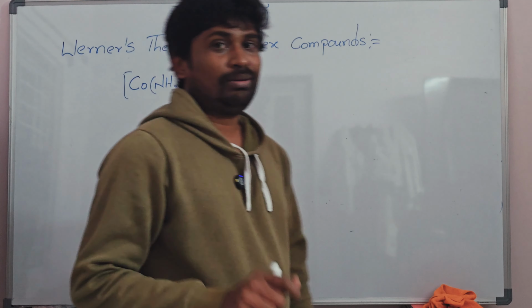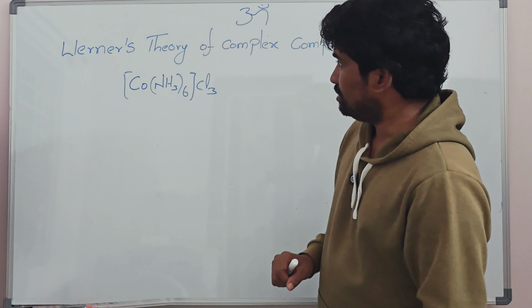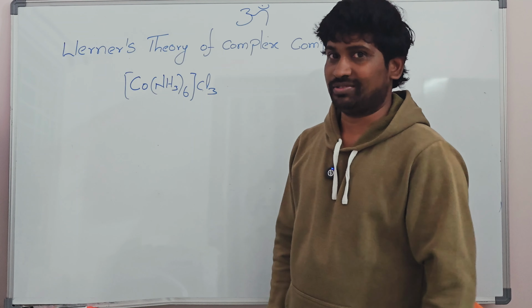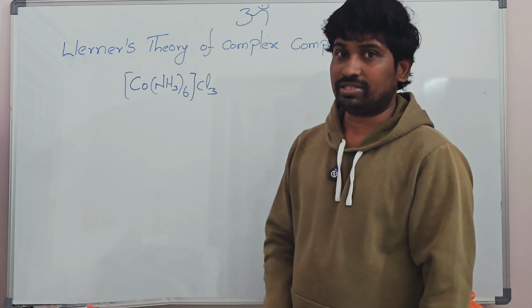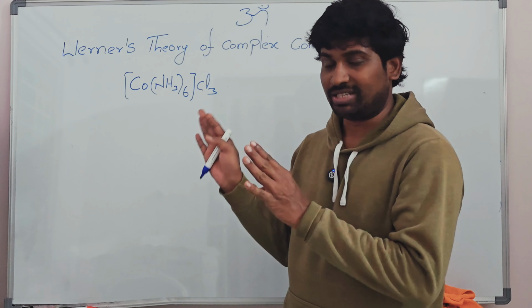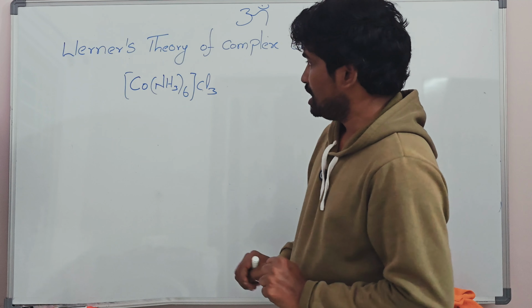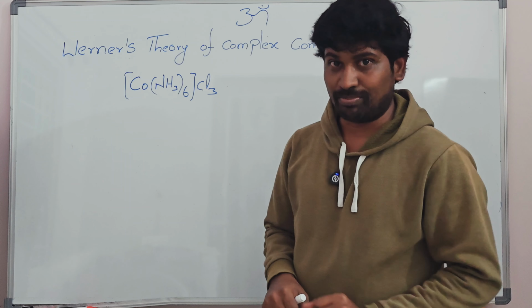So Werner's theory basically tells that in a complex compound, the central metal atom has two types of valencies. One is primary valency and another is secondary valency. Werner's theory of complex compounds mainly focuses on the central metal atom's valencies.